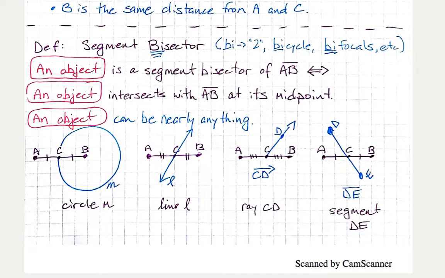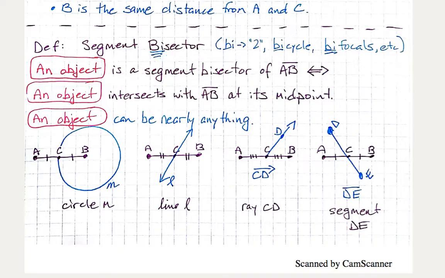We now have the idea of a segment bisector. So the definition of segment bisector: by the word bi, bi means two, as in bicycle, bifocals, or anything else that starts with bi. Two. So a bisector cuts into two, and in this case, two equal parts.